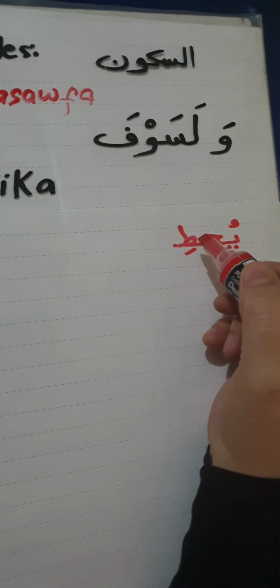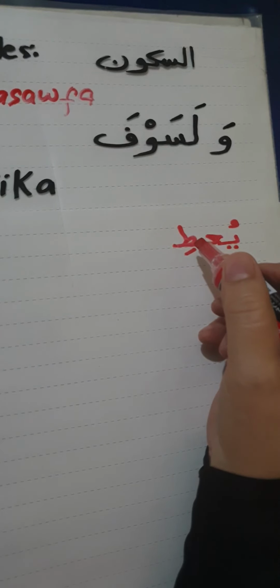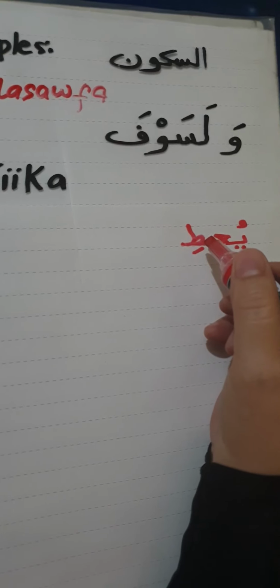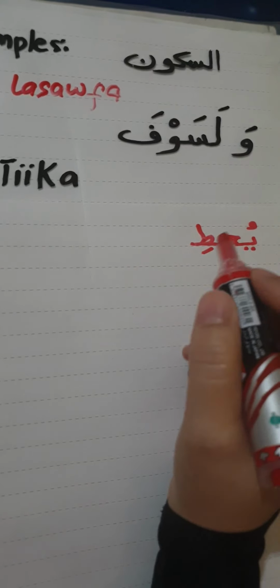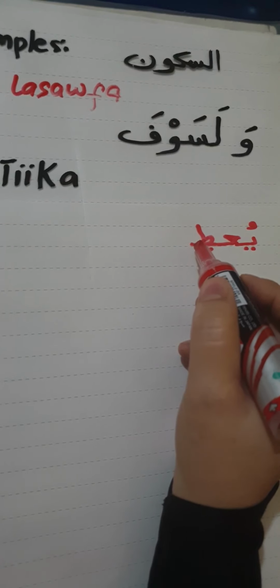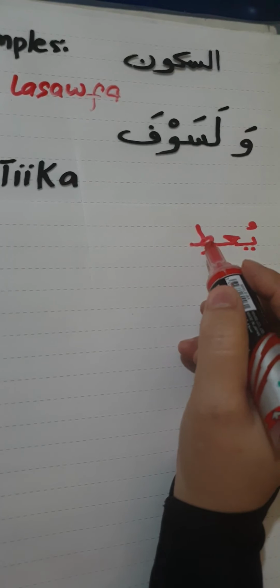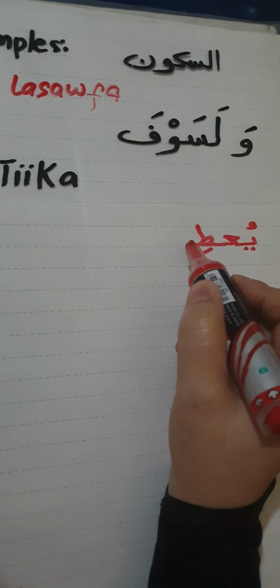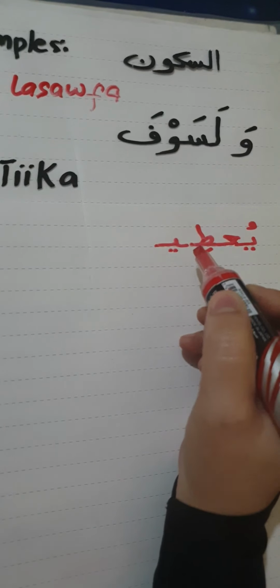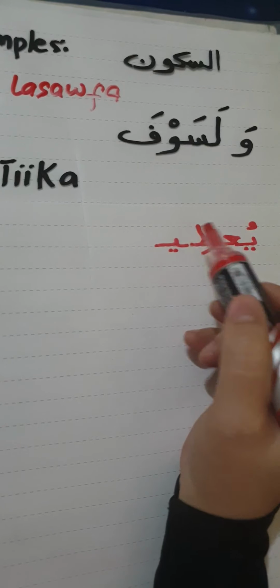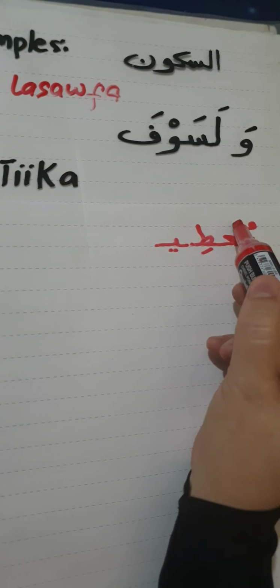So now we are going to write the long vowel, which is the ya in the medial form, and the ya here has a sukoon.